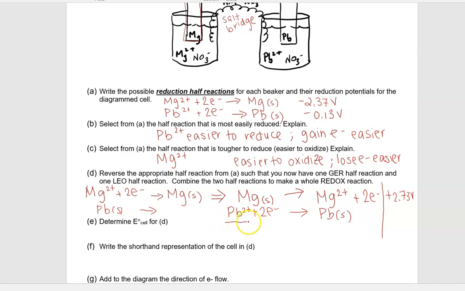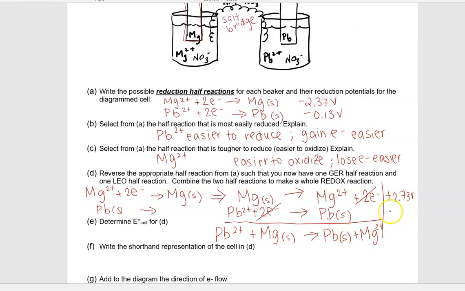And this is what we practiced the other day in the other day's assignment. Because there's 2 electrons on either side, I didn't need to balance it at all, so I can just cancel those out. They're on either side of the arrow, and I will bring down the items that I have from both half reactions. So Pb2+ plus my magnesium solid yields, and again, it doesn't matter which one I write first on the product side, as long as they're both on the product side, or the reactants on the reactant side.